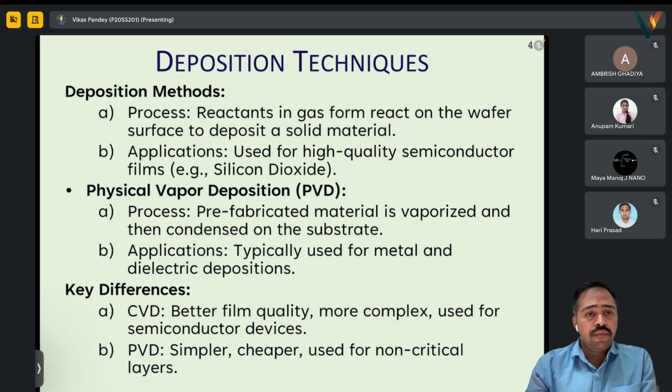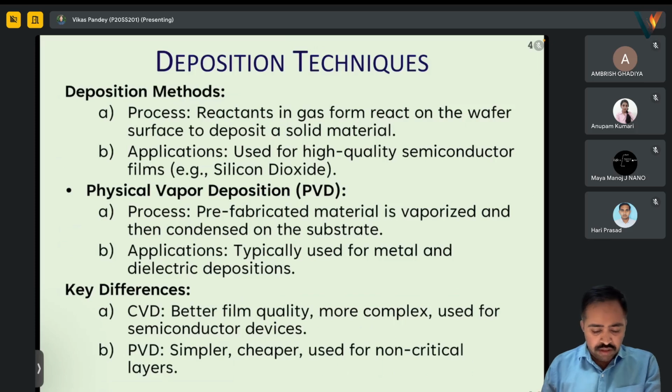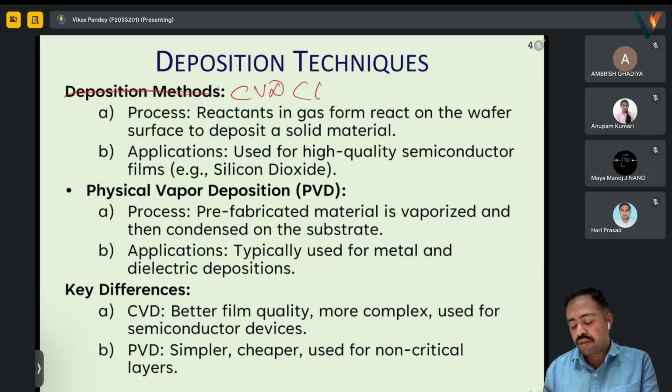So, what is a deposition method? It is CVD, chemical vapor deposition.